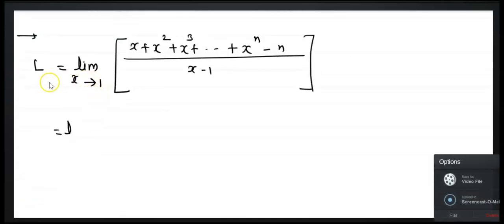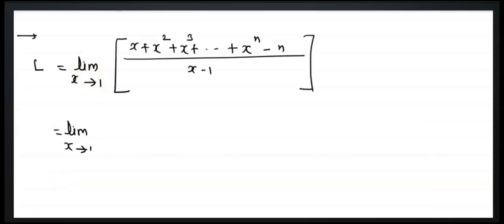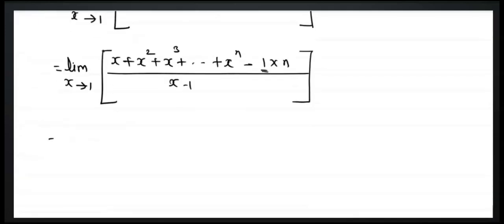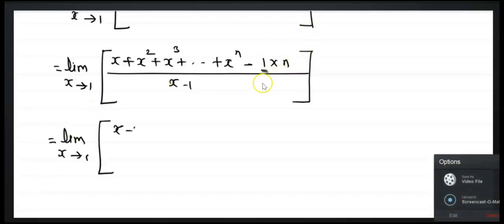That is the limit. L is equal to limit x tends to 1, and we write it like this, 1 into n upon x minus 1. This is an important step to understand for all of you. That is, n means 1 into n, where 1 is repeated n times.